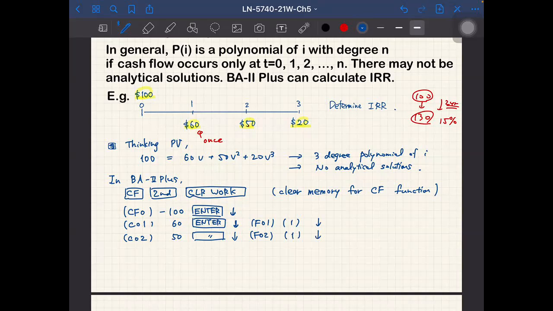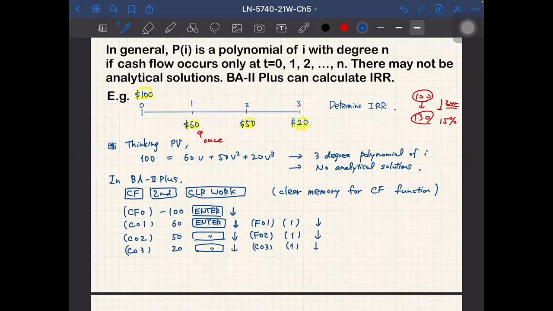If we had $50 payments twice, maybe at time 2 and time 3, then we would put F02 equal to 2. But here we don't have to enter that number, so just skip. Then C03, and we input 20, then enter again, and below, and again the frequency is 1, so we can skip.